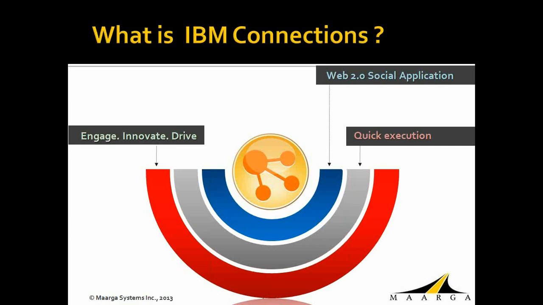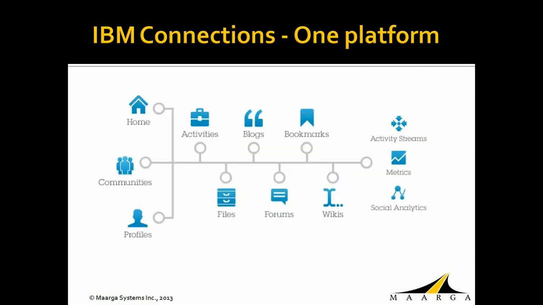So what is IBM Connections? IBM Connections is a Web 2.0 social application that allows companies to engage with their employees, drive these employees to innovate, and this enables quicker execution of projects and solutions. IBM Connections is just a single platform.